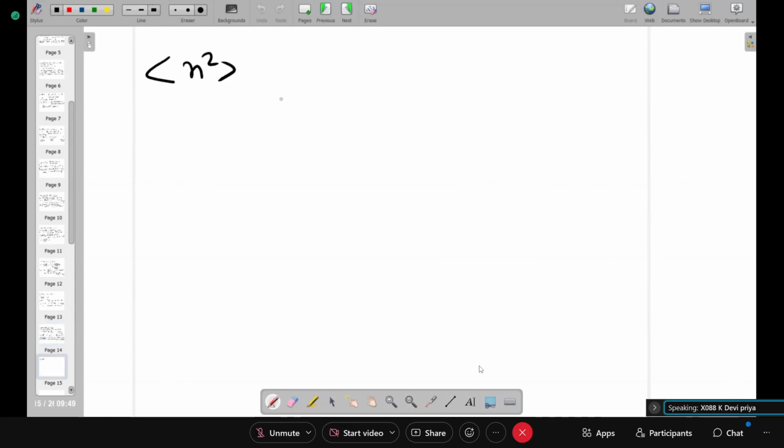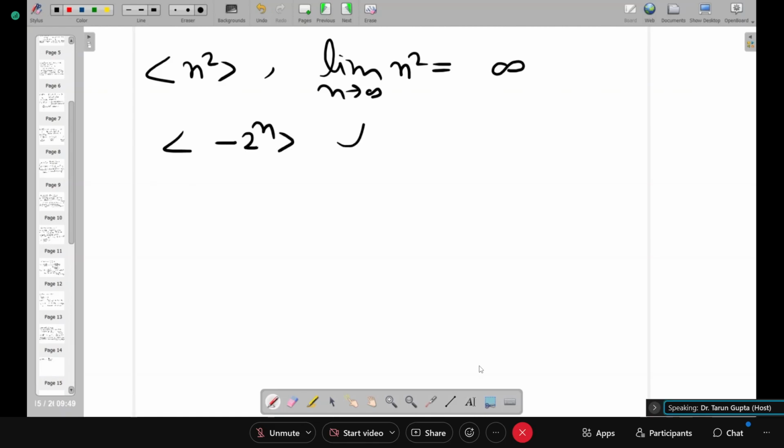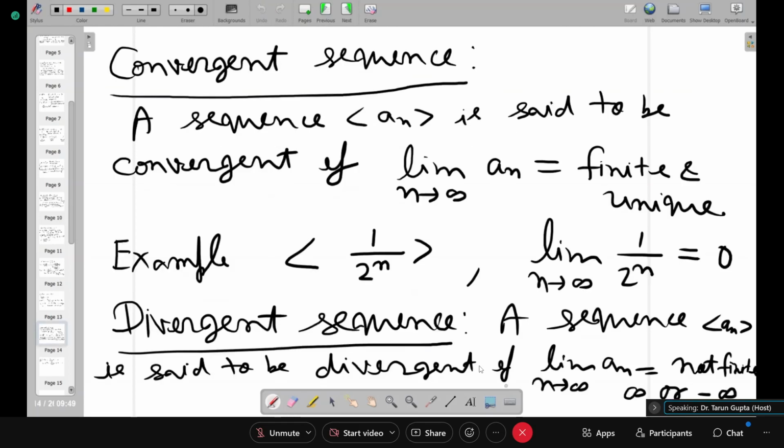If I am taking this sequence, and I take the limit of this, we are getting an infinite value. Or if I am taking this sequence, then here we are getting minus infinite. So both the sequences are divergent sequences, because we are getting not a finite value, either infinite or minus infinite.